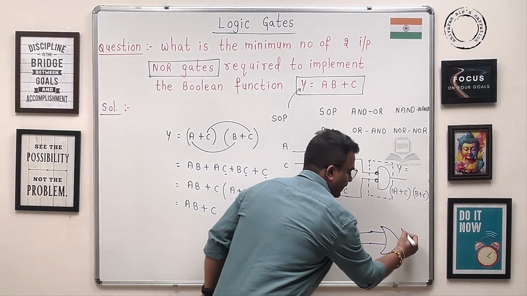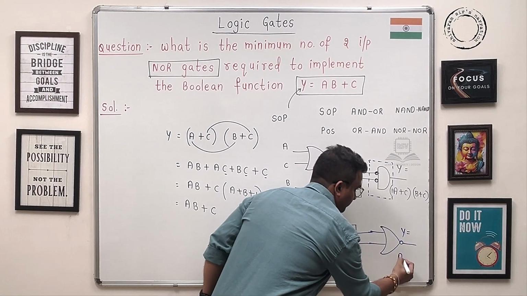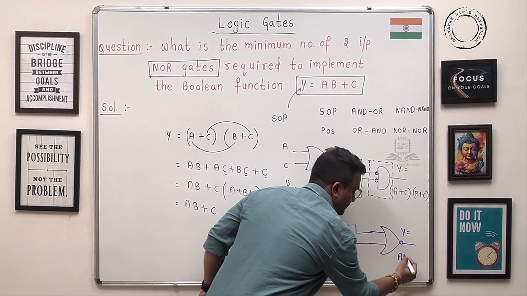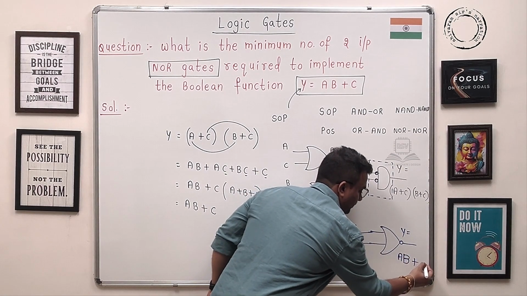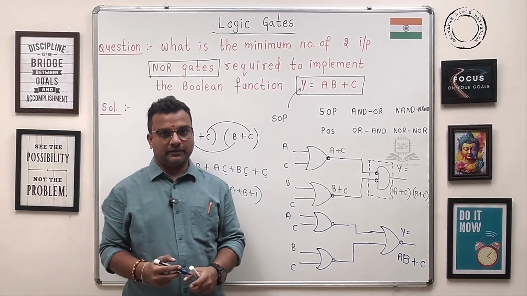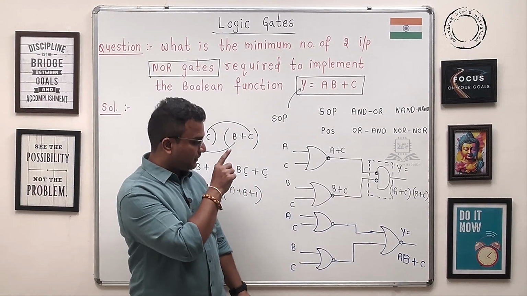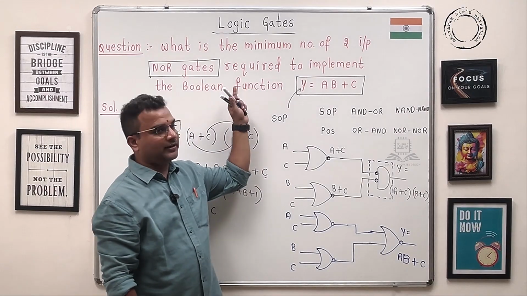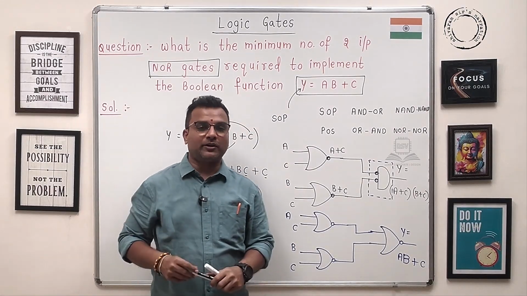Hence, you will get output Y as A plus C into B plus C. It is an SOP expression implementation using NOR gates. Of course, 2 input NOR gates.